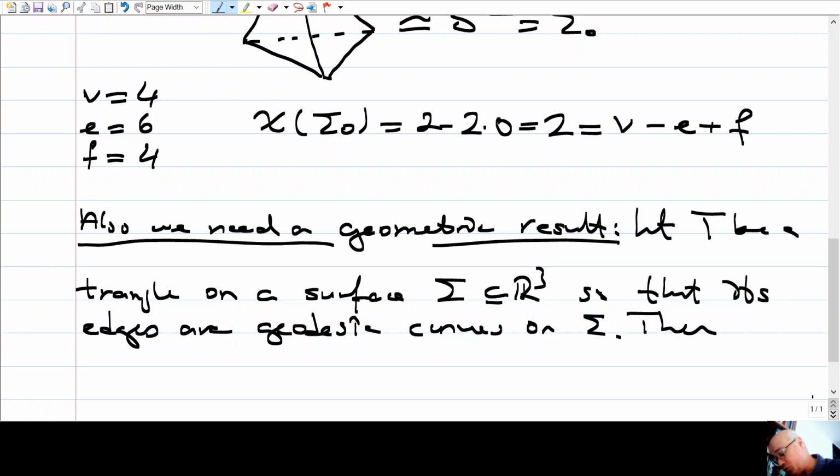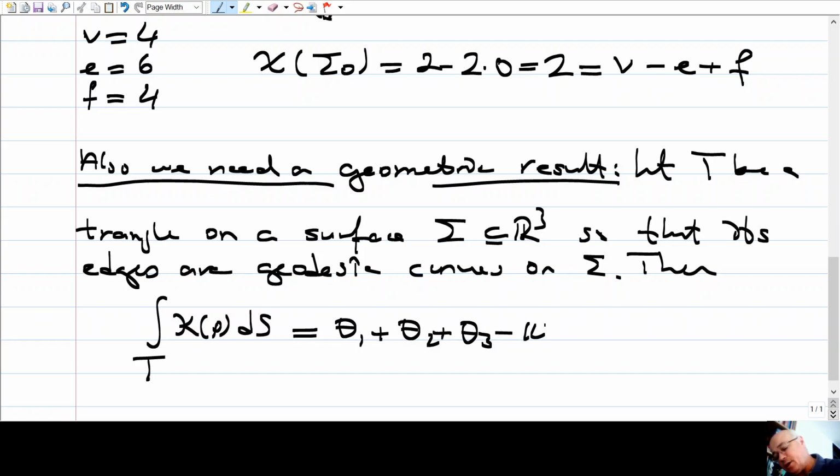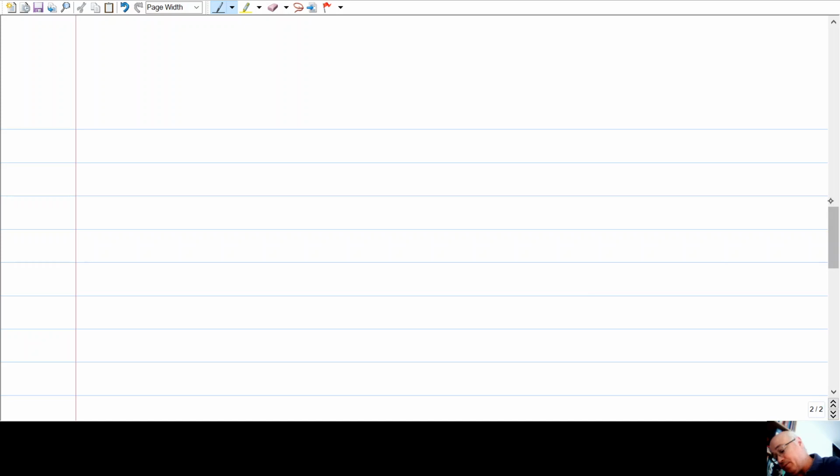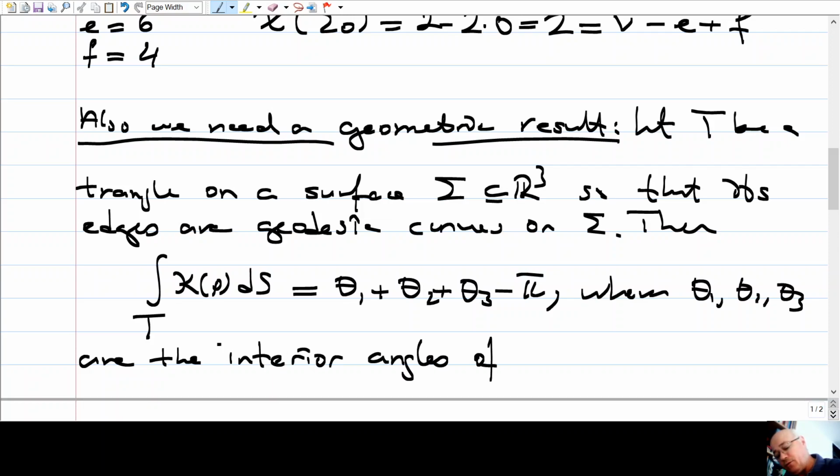Then the conclusion is this: the integral of the Gaussian curvature with respect to the area element on this triangle is just theta 1 plus theta 2 plus theta 3 minus pi, where theta 1, theta 2, theta 3 are the interior angles of T.